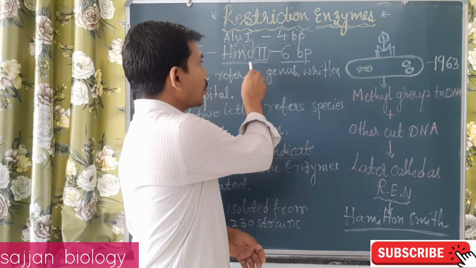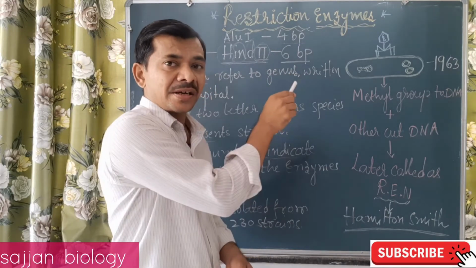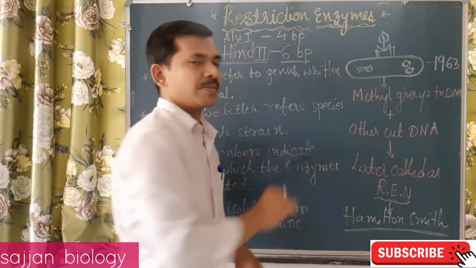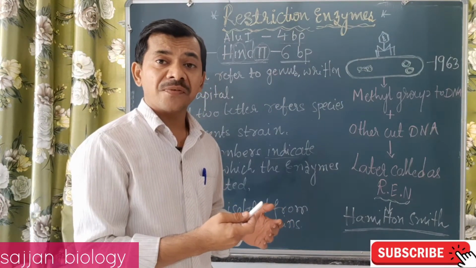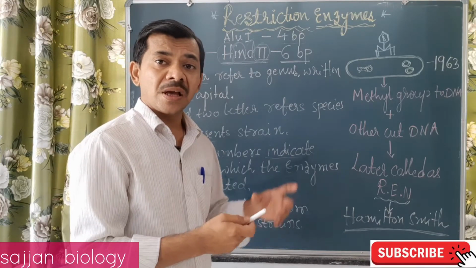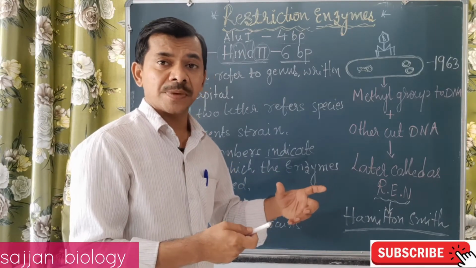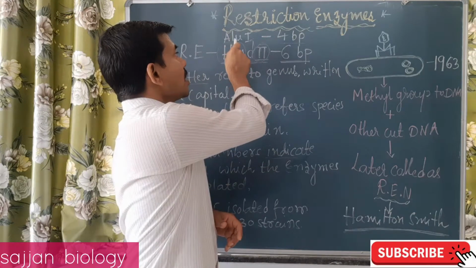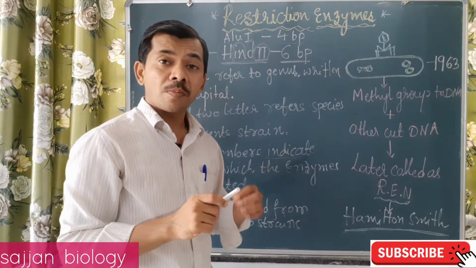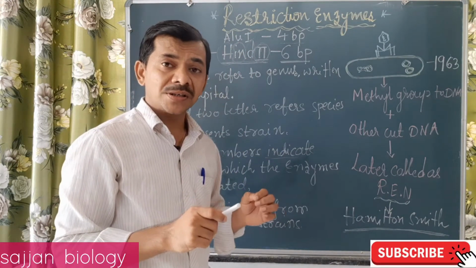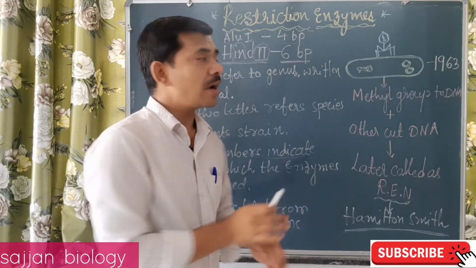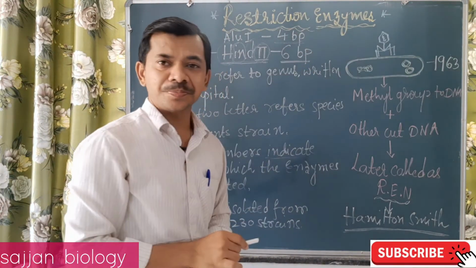HindII recognizes the site and cuts at 6 base pairs. There are different sets of enzymes which cut a particular number of base pairs. Another example is AluI, from Arthrobacter luteus, which cuts the DNA at 4 base pairs.